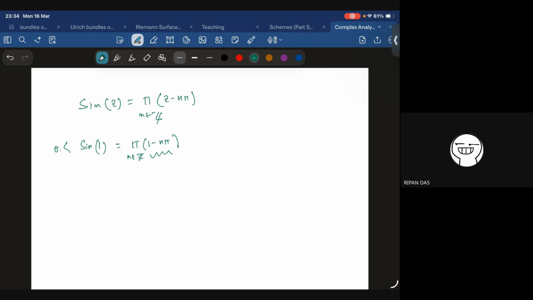So what I am trying to say is, suppose 1 minus pi, 1 plus pi, 1 plus 2 pi, and so on, and 1 minus 2 pi, and so on. Okay, what will be the sign of this? That is not well defined, I believe.